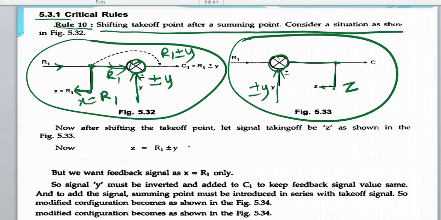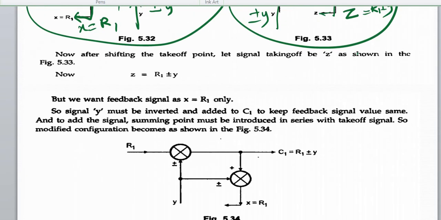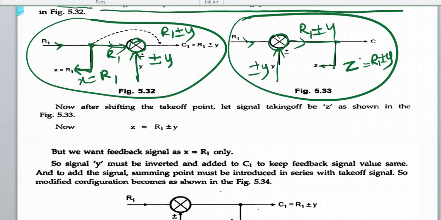So Z is how much? R1 plus or minus Y, whereas X was R1. I don't want to change that. So what I have to do is, if I have to get Z equal to R1, I have to cancel plus or minus Y.